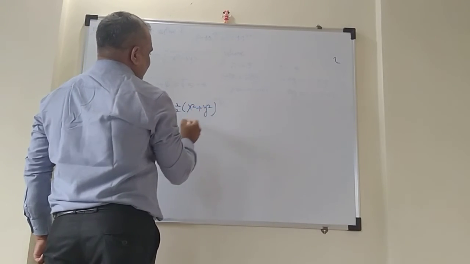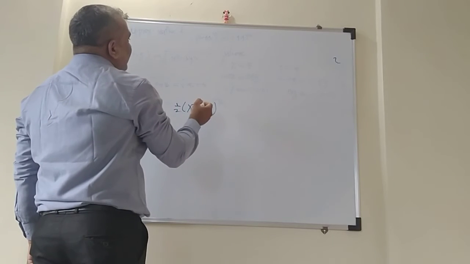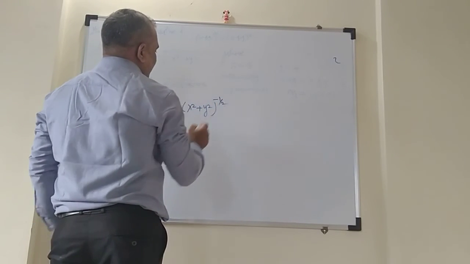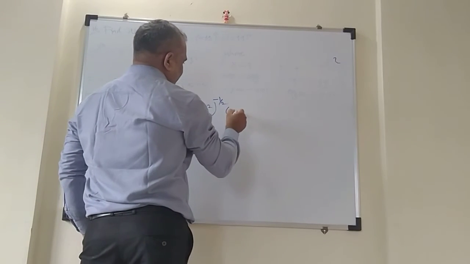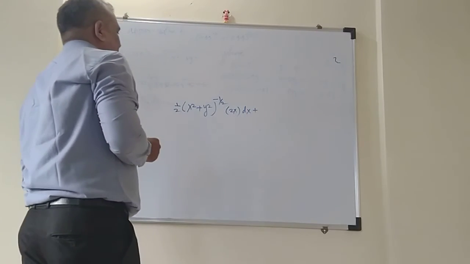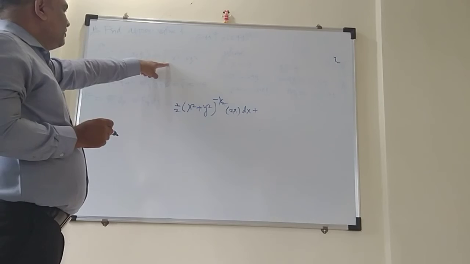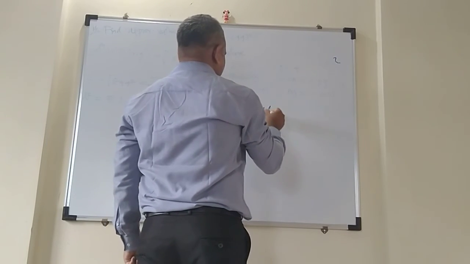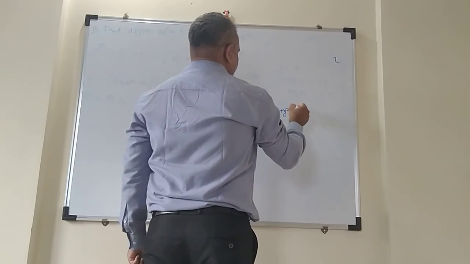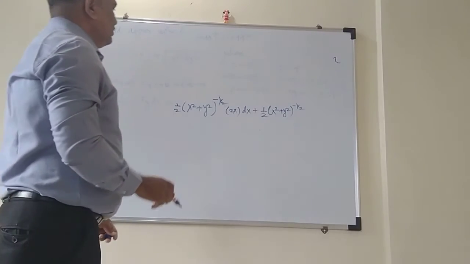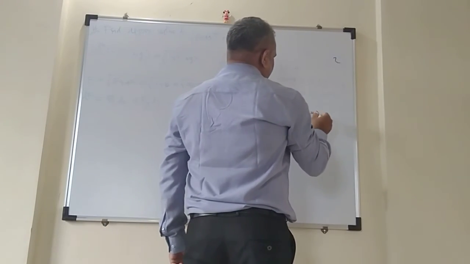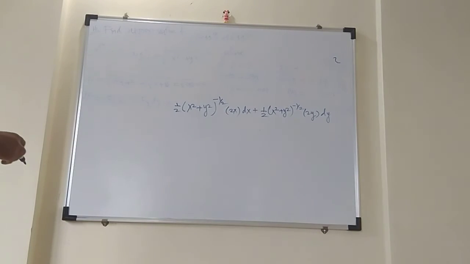So total differentiation df is equal to fx dx plus fy dy, which is 1/2 times x square plus y square raised to power minus half into the differentiation of this bracket with respect to x, which will be 2x dx, plus fy, the partial differentiation of the given function with respect to y, which will be 1/2 times x square plus y square raised to power minus half into the differentiation of this bracket with respect to y, which will be 2y into dy. So this is the total differentiation.